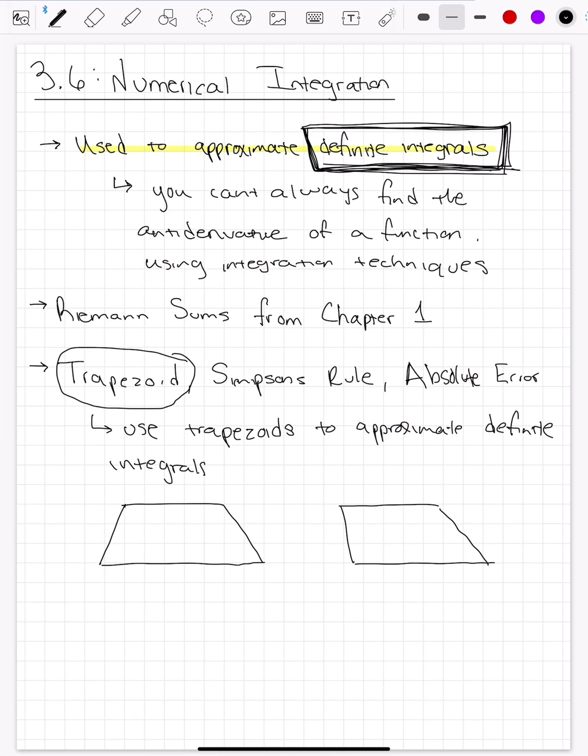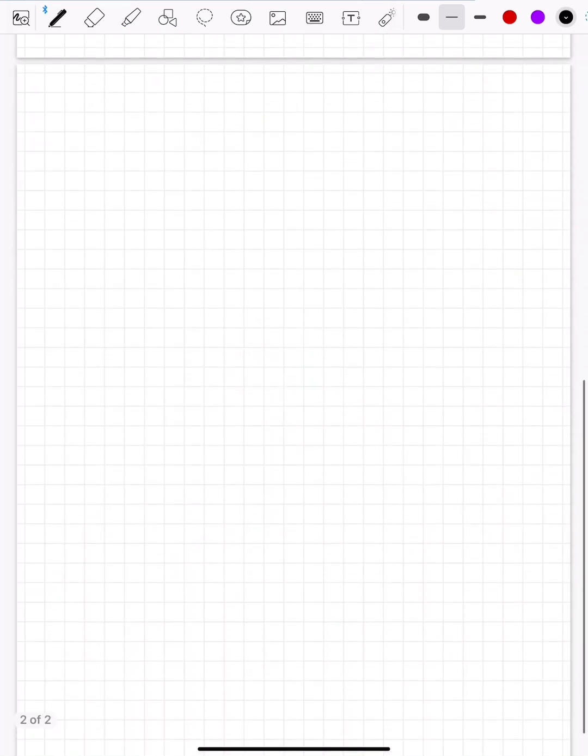And the area of a trapezoid is given by the two side lengths, a and b, divided by 2, times the height of the trapezoid, which would be the same height on this side here. So in general, that's the area of a trapezoid.